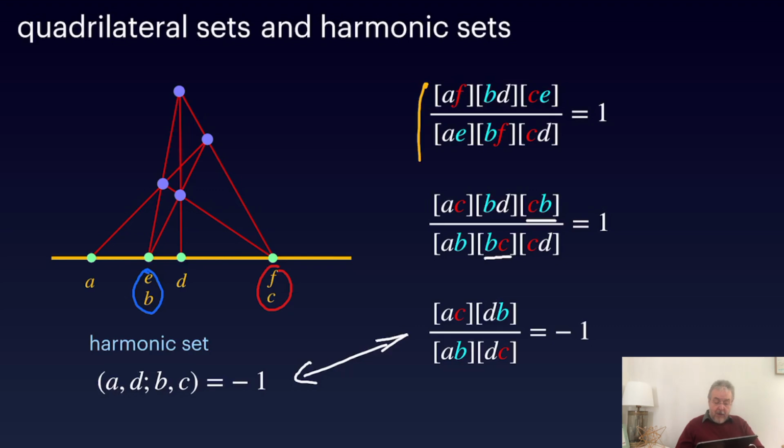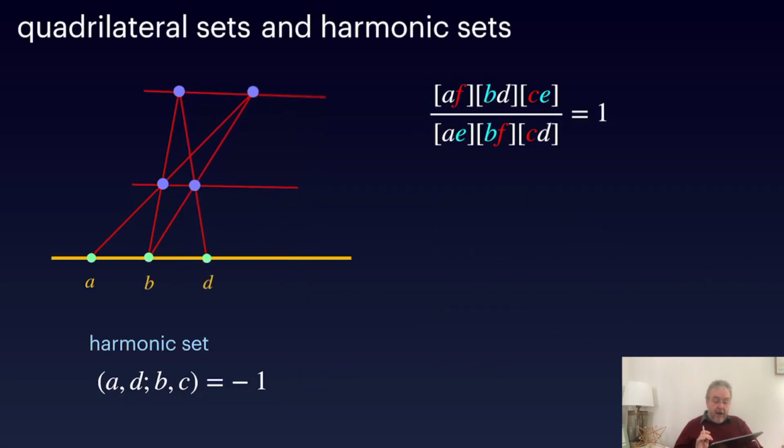And you also see, harmonic sets can nicely be characterized by a cross ratio being -1. And those of you who attended my Geometriekalküle lecture will remember that harmonic sets played a very important role there. One of the reasons they played an important role there was the following fact.